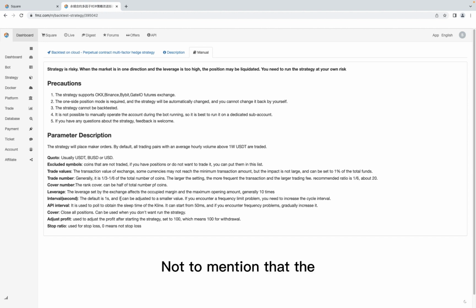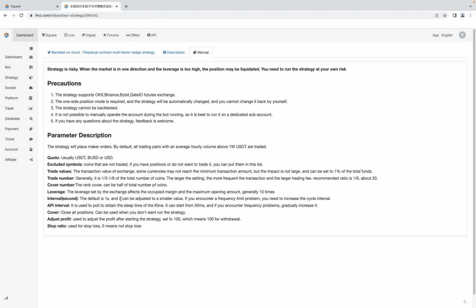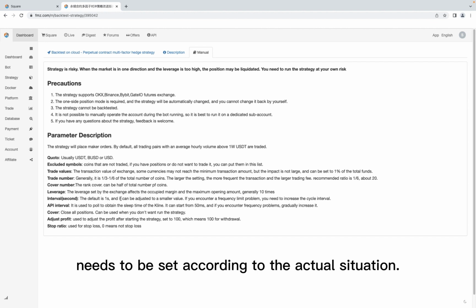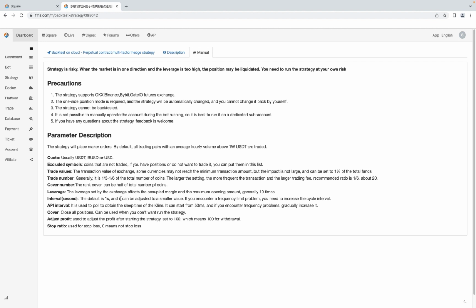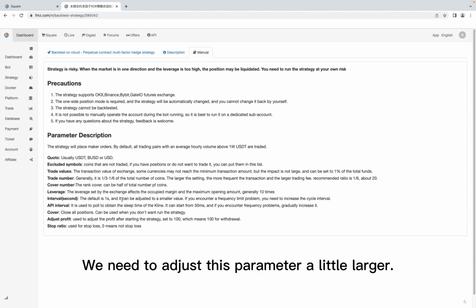This avoids the interface frequency of the access exchange being too high, leading to access denial, so it needs to be set according to the actual situation. If there are many errors such as HTTP 429, that is to say, if the access interface is too frequent, there will be more errors. We need to adjust this parameter a little larger.